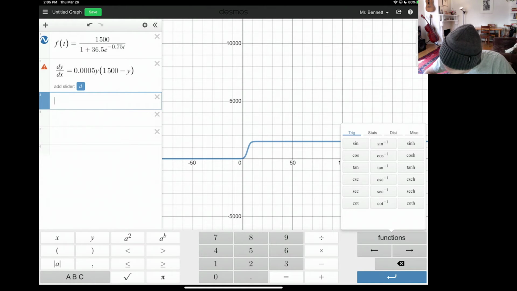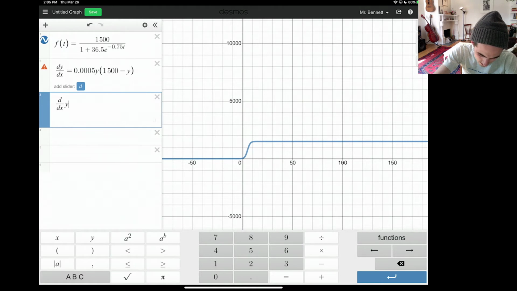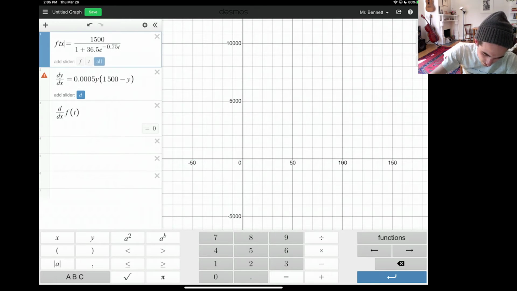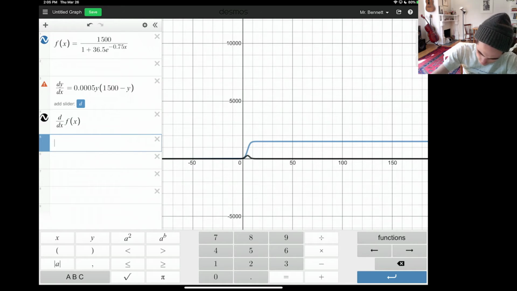Oh, I see, I see. There it is. And oh, why don't I just use x here? There we go. Right?